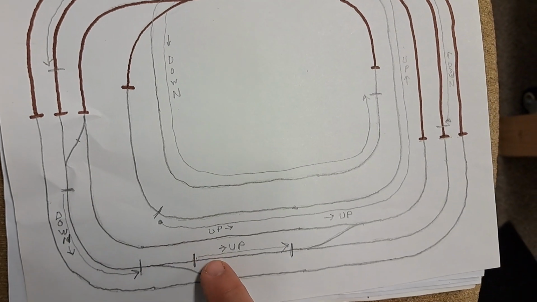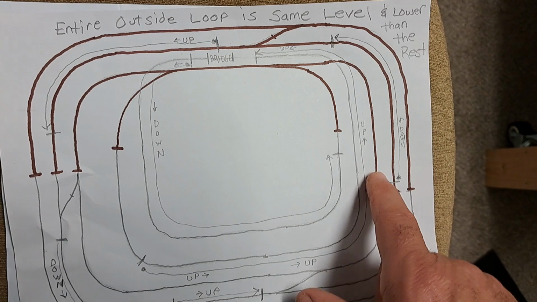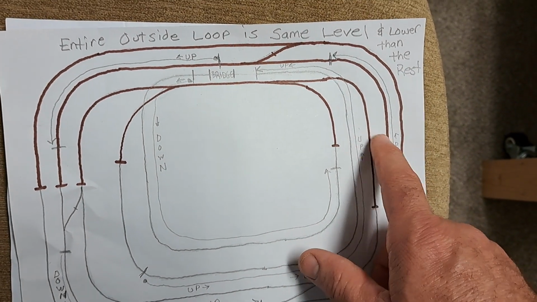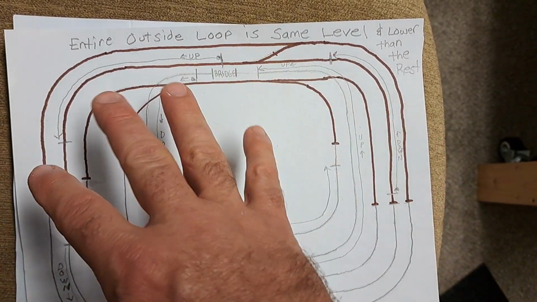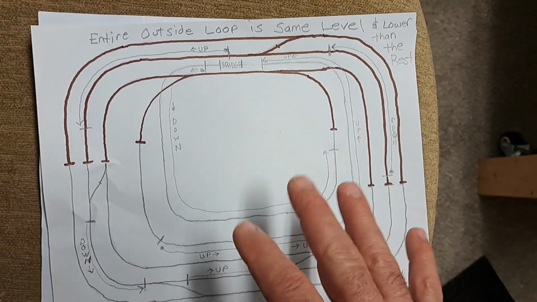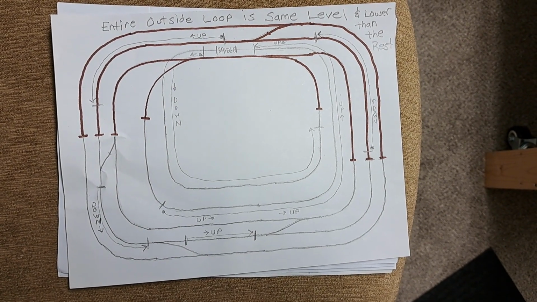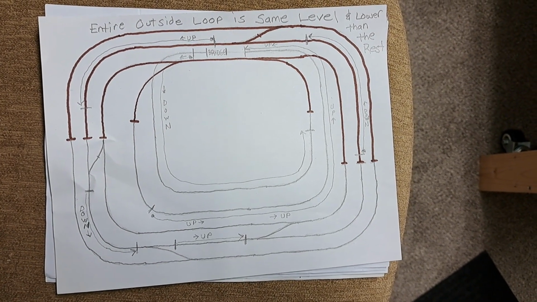So then you would go up, switch over to this rail. Now this and this are going to be the same level. Everything in brown is under the tunnel. Then you come around here, you're in the tunnel, and so on. But if you just follow it, you can see the grade changes in the layout.